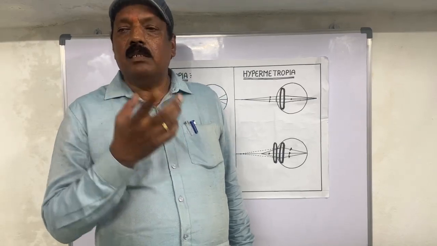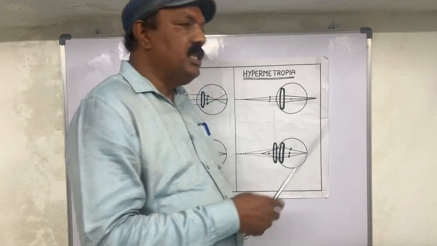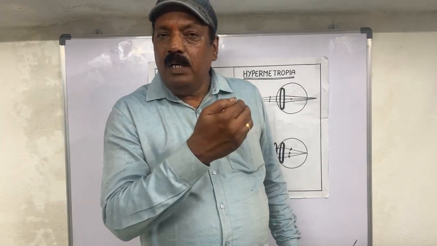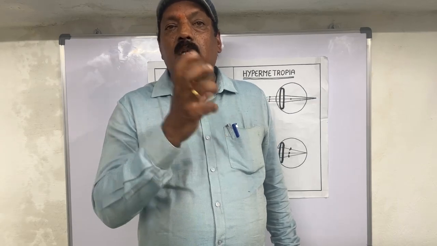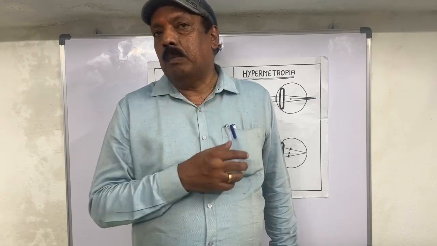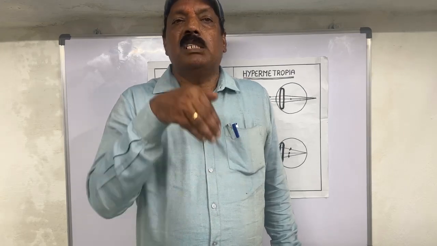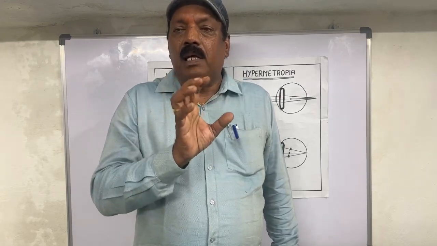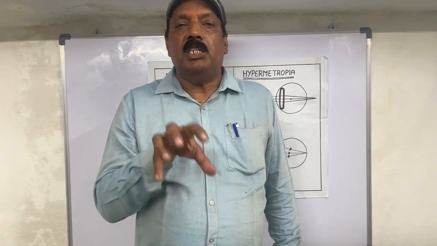If this aqueous humor, more than the required amount, settles in that particular area, that liquid will weaken the strength of the optic nerve and other blood vessels. It will make the blood vessels suppressed. The blood vessels can't supply blood to the eye properly.